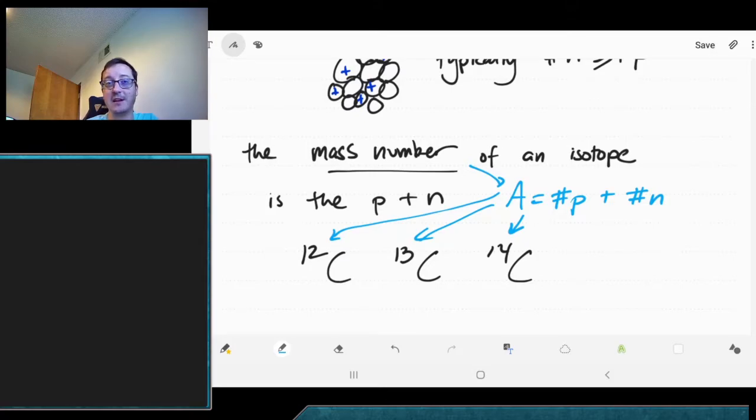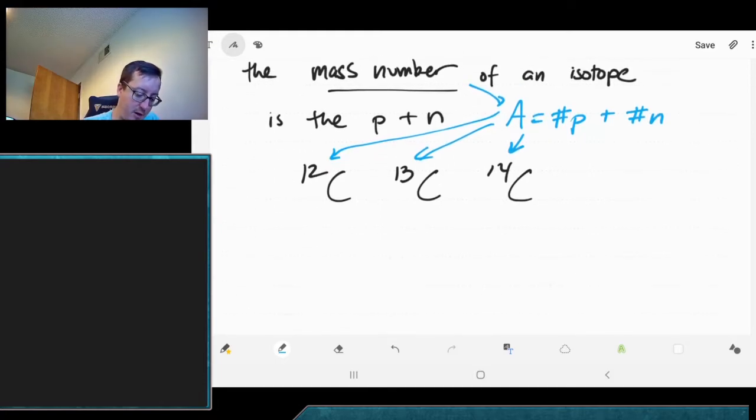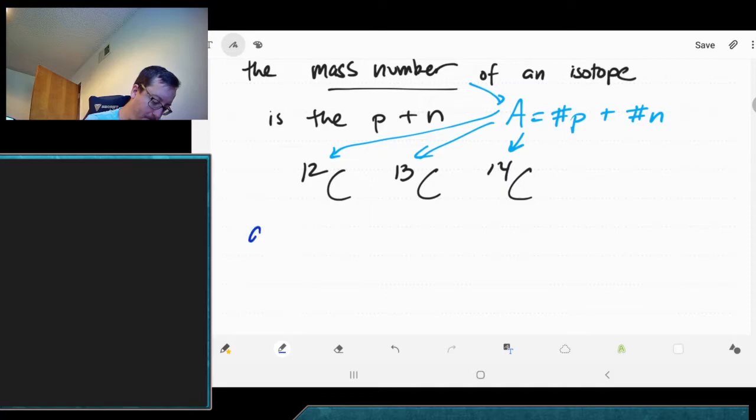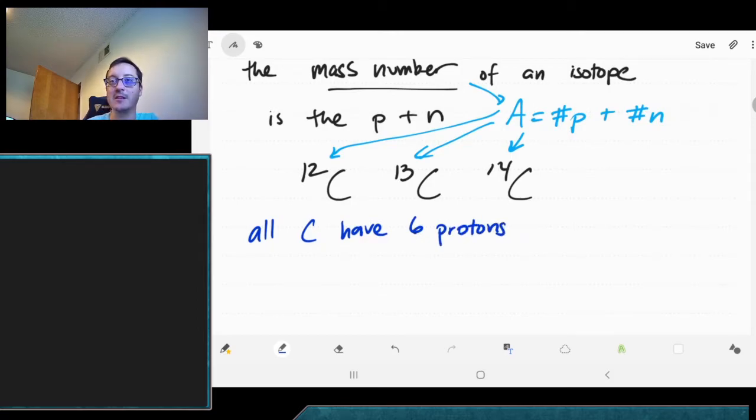So these 3 kind of flavors of carbon exist. All carbons, remember, all carbon atoms have 6 protons. Otherwise, they would not be carbon atoms. They would be something else if they had a different number. So, if we kind of just put that there, we see, aha!